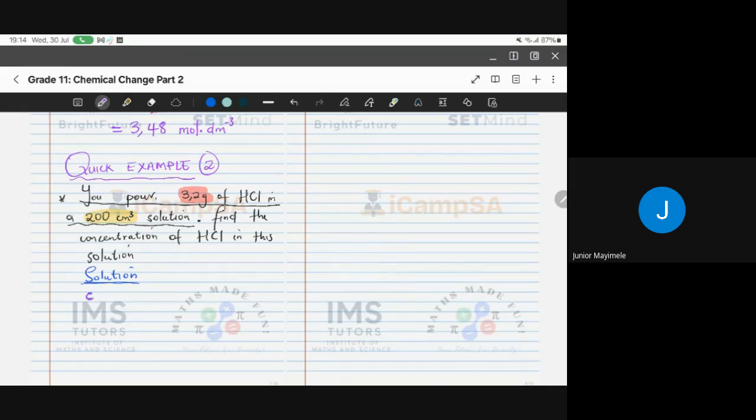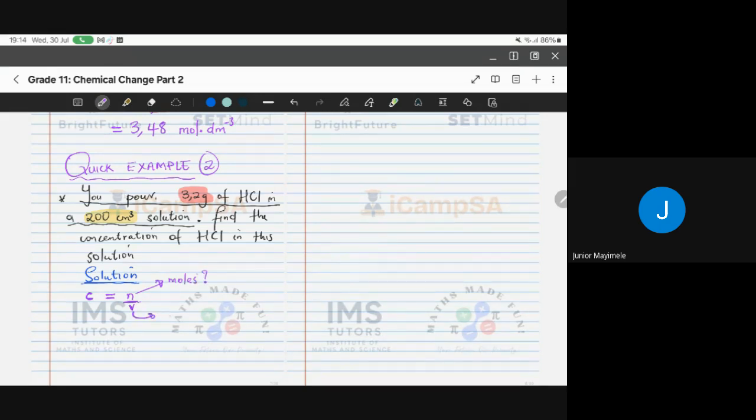We want to use the formula C is equal to N over V. However, we don't have the number of moles. We are only given the mass.